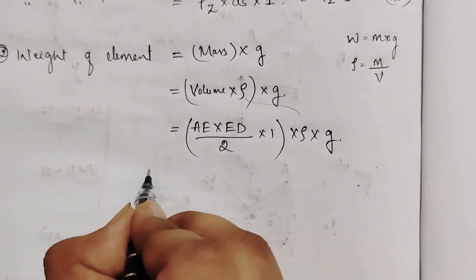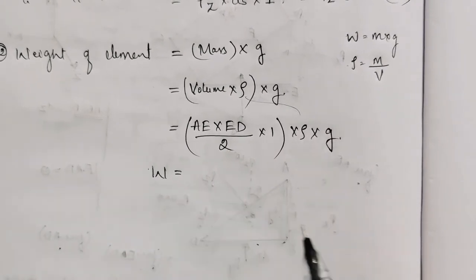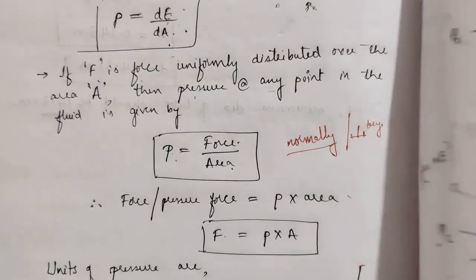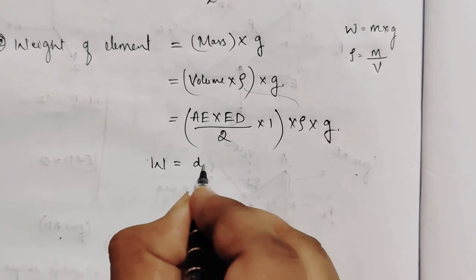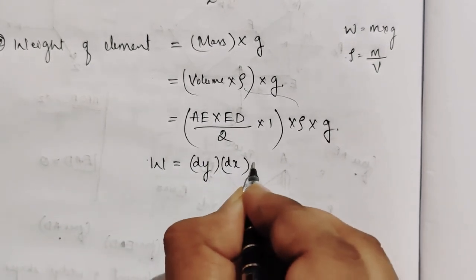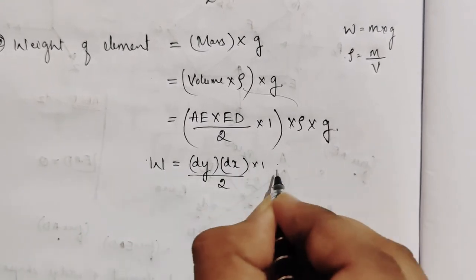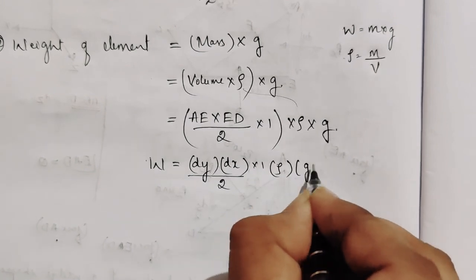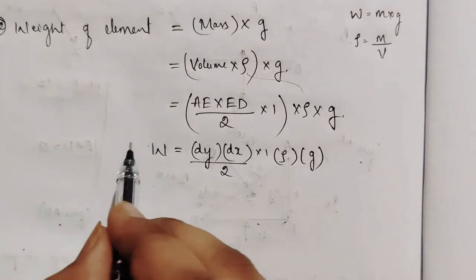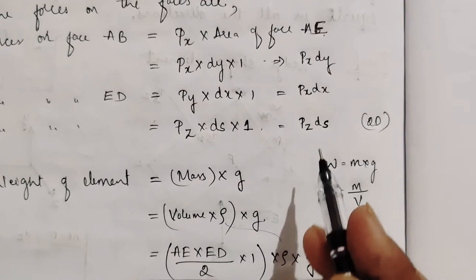If they ask the weight of the element, directly write it: AE is nothing but dy, ED is dx, so dy into dx into 1 divided by 2 into rho into g. So this is weight and these are the forces.